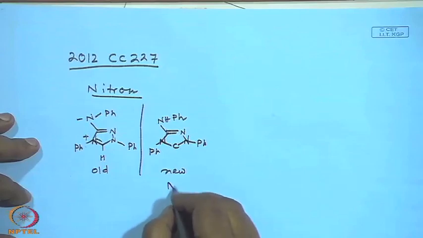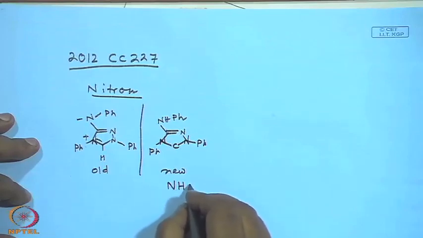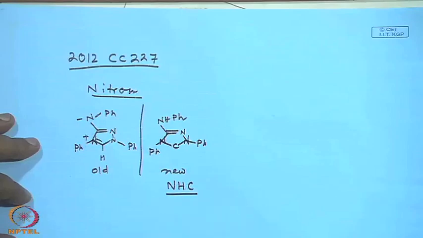Okay, who will take up this topic for research scholars? Anybody interested? If you know NHC, if anybody is interested in reviewing NHC, because all the research scholars have to write a term paper, so you pick up this topic NHC, N-heterocyclic carbene, nitrogen heterocyclic carbene.